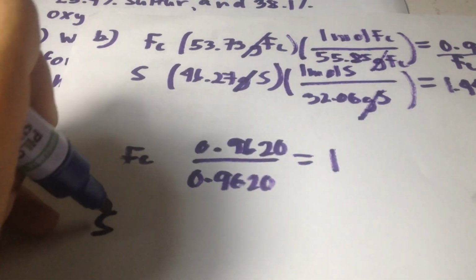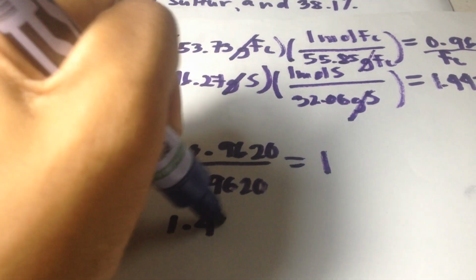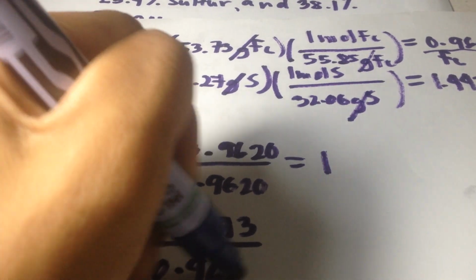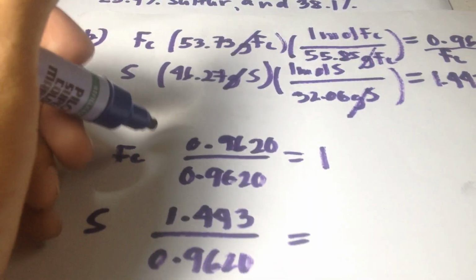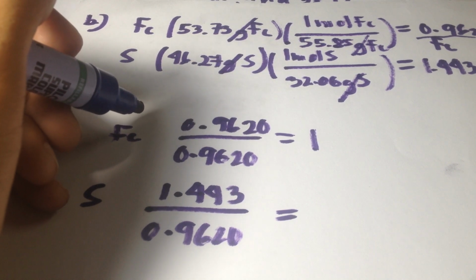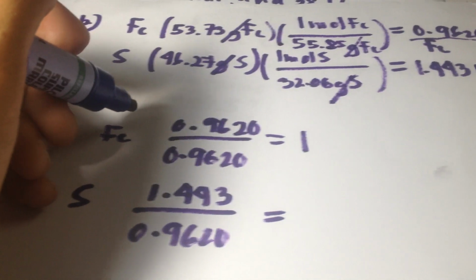And how about in sulfur? Sulfur has 1.443 moles. So 1.443 moles of sulfur over 0.9620 moles of iron. So we find the ratios. So 1.443 divided by 0.9620 is equal to 1.5.